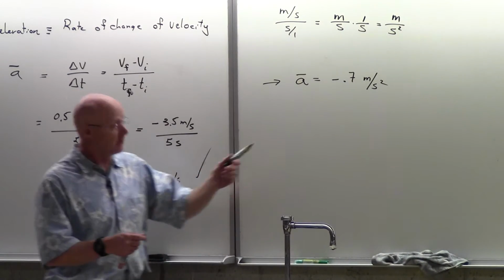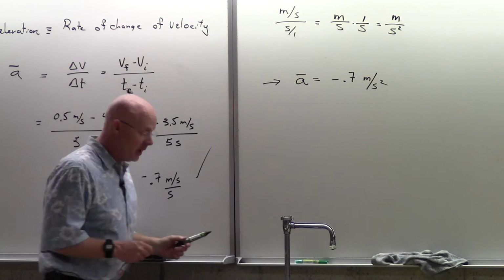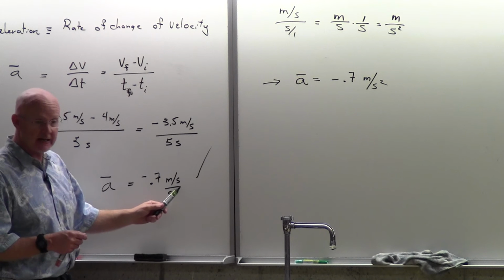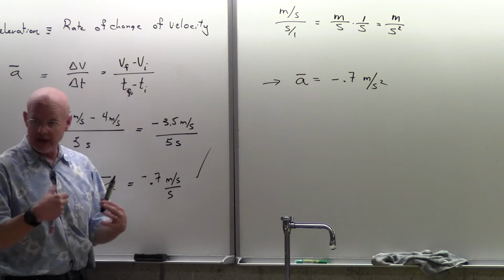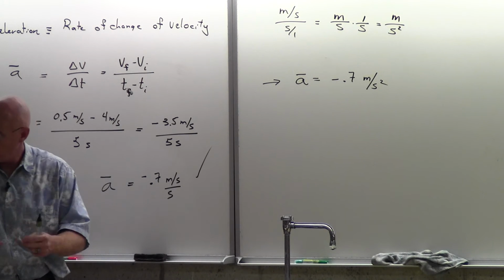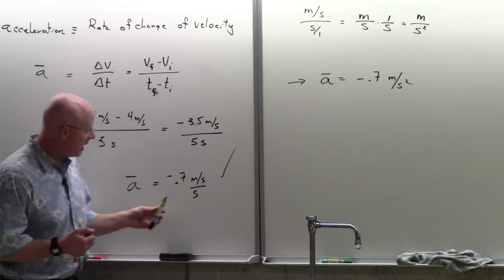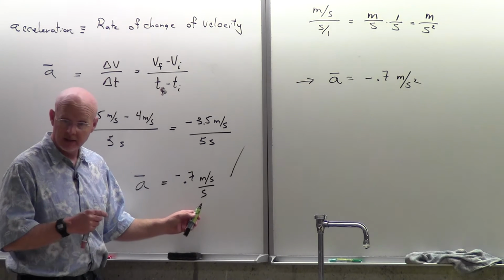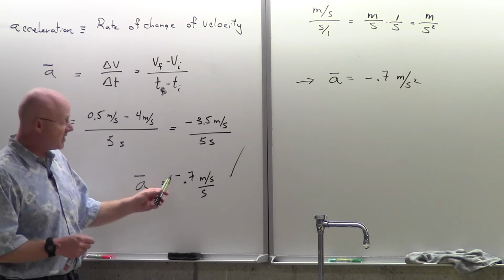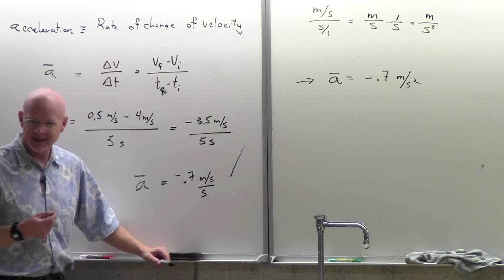Remember, this is equivalent to that. But this says meters per second each second. And so the acceleration is saying, how does your speed change? What you're really telling me is you're changing by 0.7 meters per second every second. Now, of course, it's a negative, so what do you mean by that?